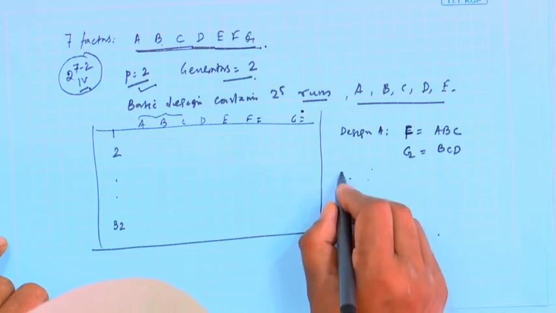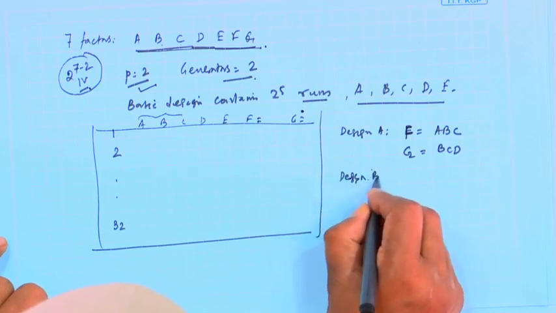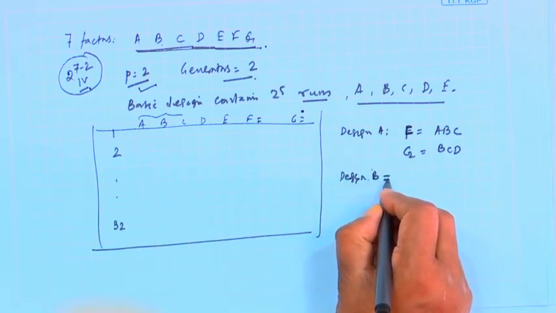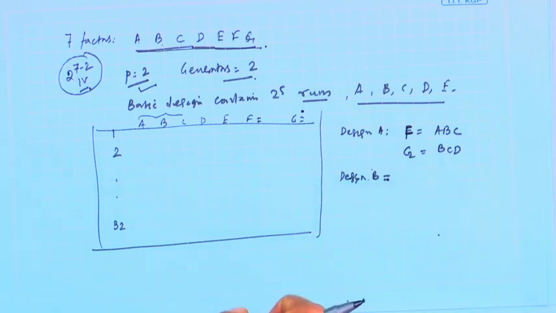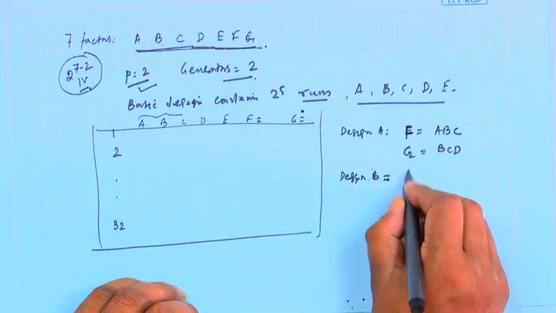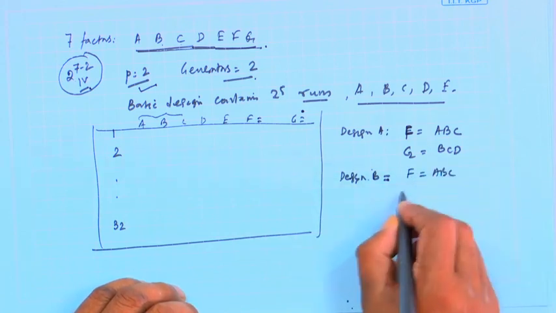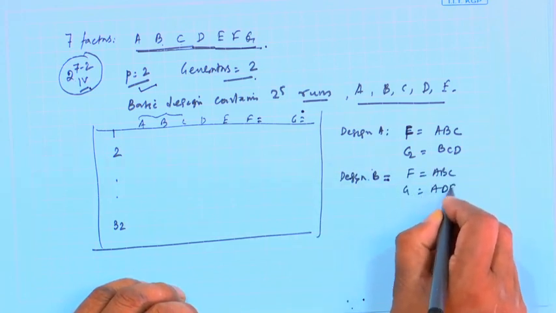Second one, let design B. In design B, F with ABC, G with ADE.